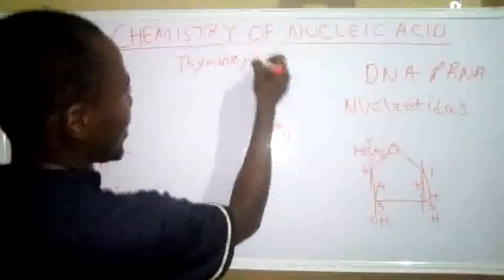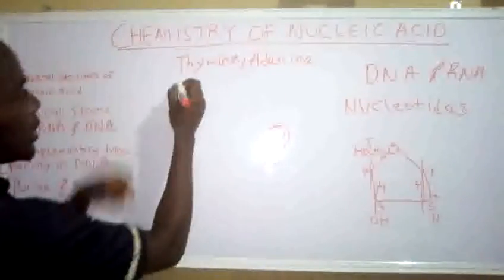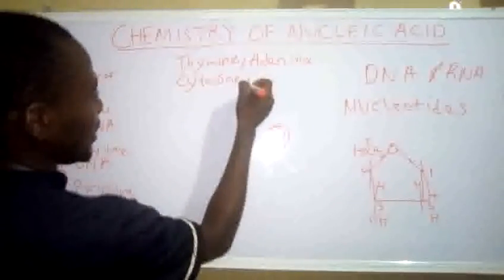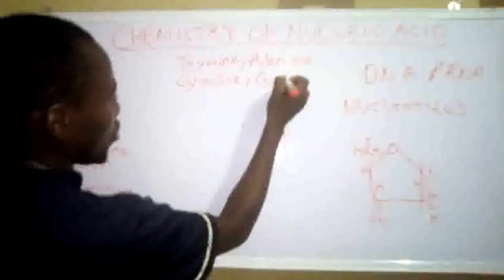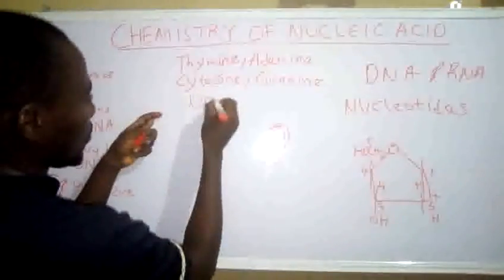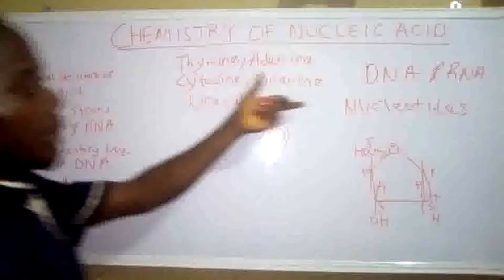We have thymine, adenine, cytosine, guanine, and uracil. So these are the nitrogen bases we have.